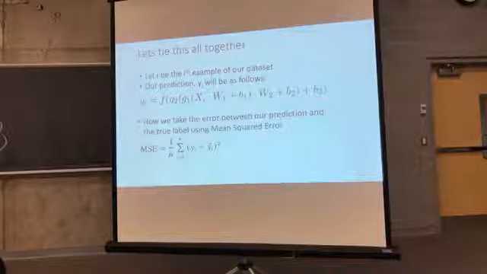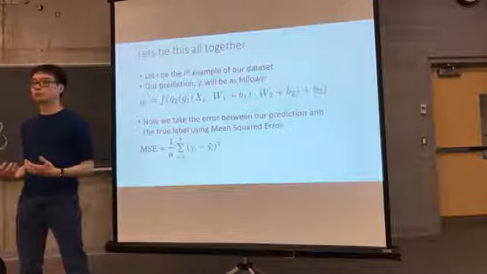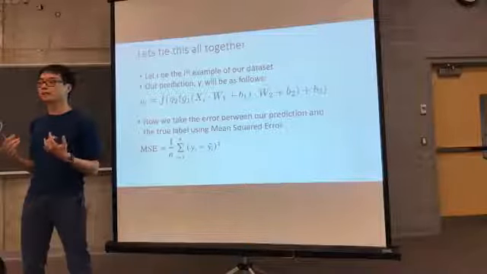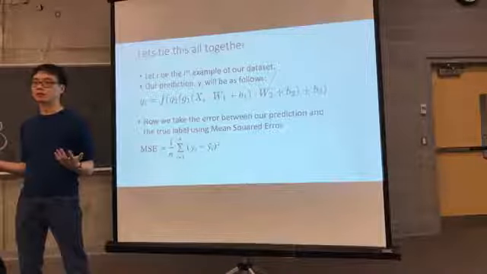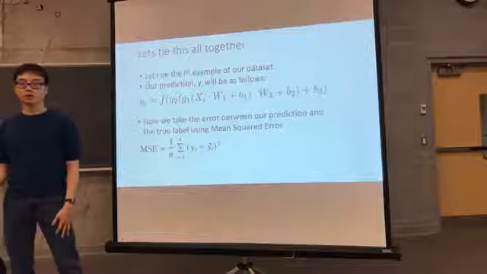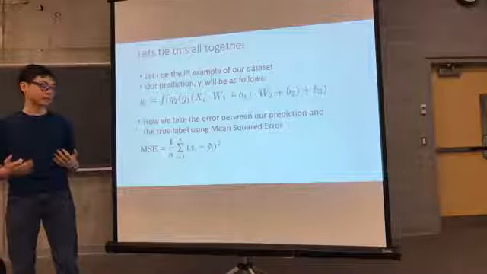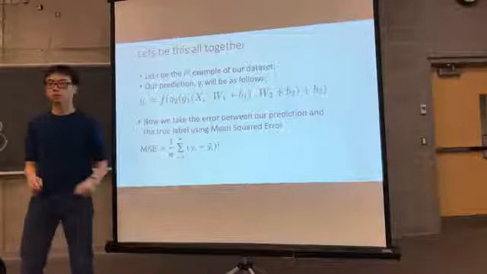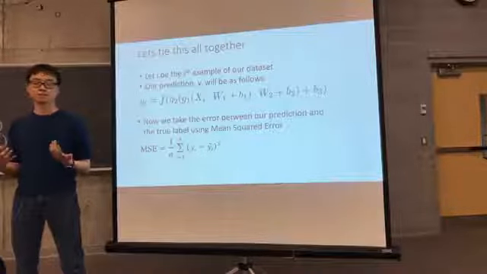Now what do we do? Now we take the error between the prediction and the true label. Let's imagine we actually know what happened to Bob. Bob did not survive, unfortunately. So we take our prediction, which is 1, and subtract the fact that Bob died, which is 0.